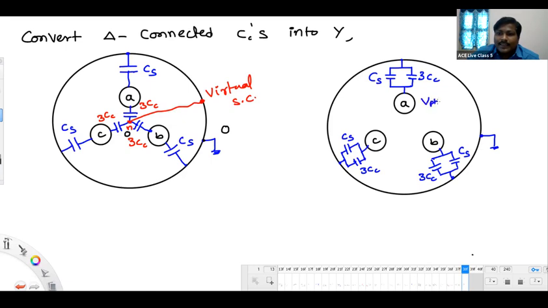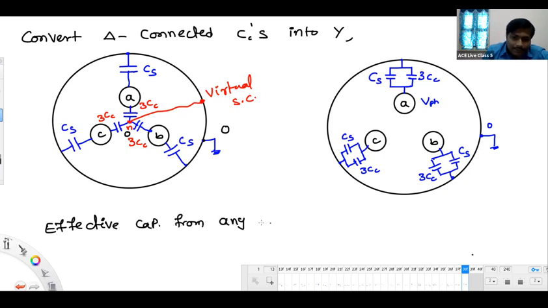And each conductor is operating at a phase voltage V phase. Now tell me, what is the effective capacitance from phase A to neutral, or phase A to sheath? The parallel combination of these two comes to be CS plus 3 CC. That is called the per phase capacitance of the cable.